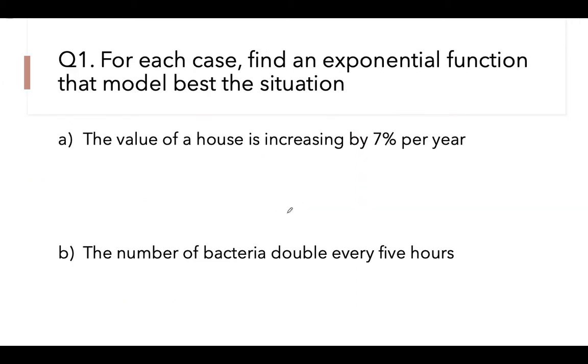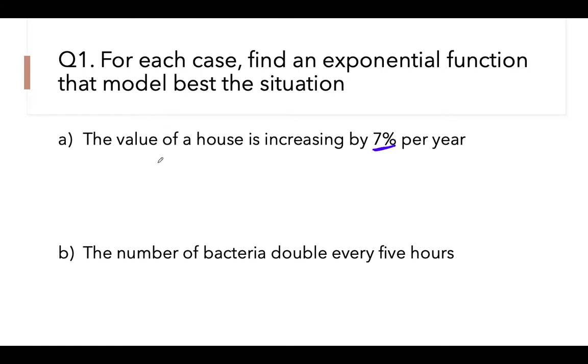So let's do some practice questions. Question 1. For each case, find an exponential function that best models the situation. The value of the house is increasing by 7% per year.